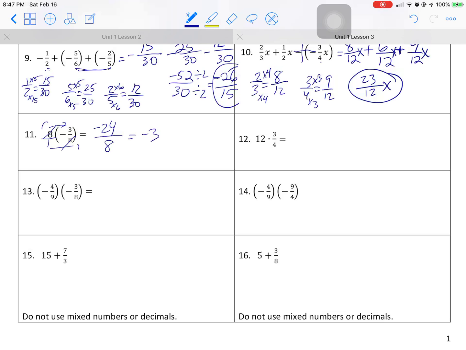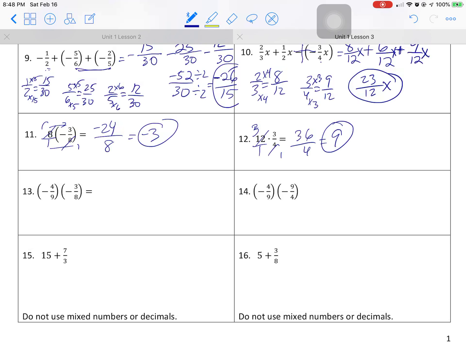That gives you a negative 3. Any way you want to do that. This one is over 1. That's going to be 36 over 4, or take the 4 out of that, gives you a 3. That equals 9.